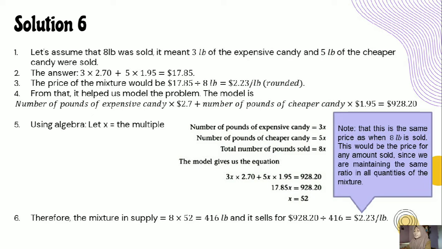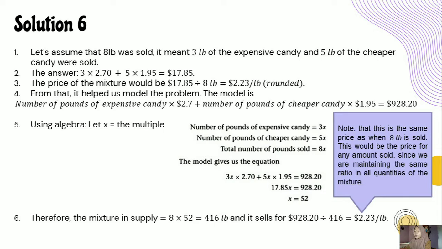The model gives us the equation 3x multiplied by 2.70 plus 5x multiplied by 1.95 equals 928.20. So 70.85x equals 928.20. So x equals 52.